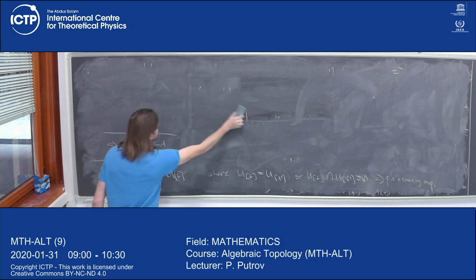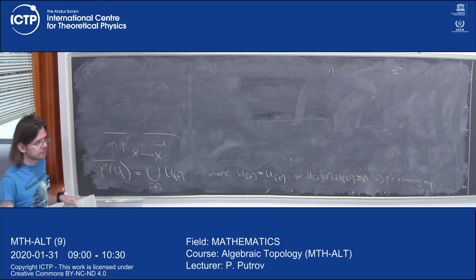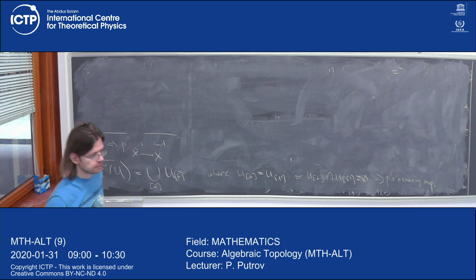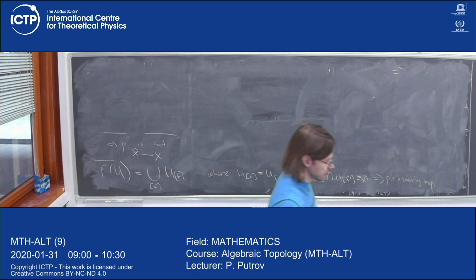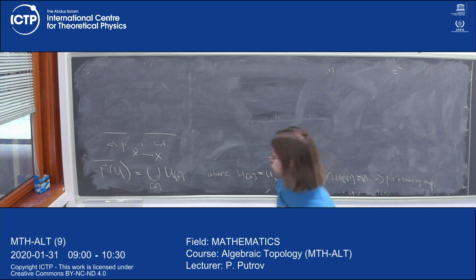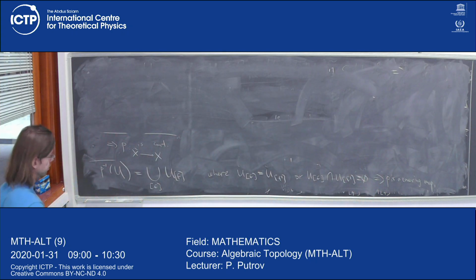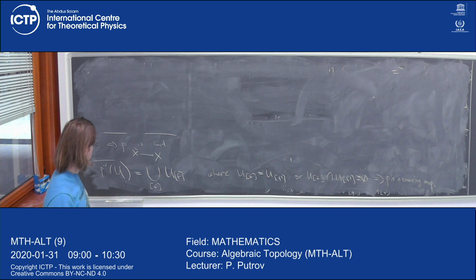A question. Yes. We define this X tilde by fixing one point X0. And when we want to verify that it's indeed a covering space, we have to choose any point. But this U is just a neighborhood of X0?